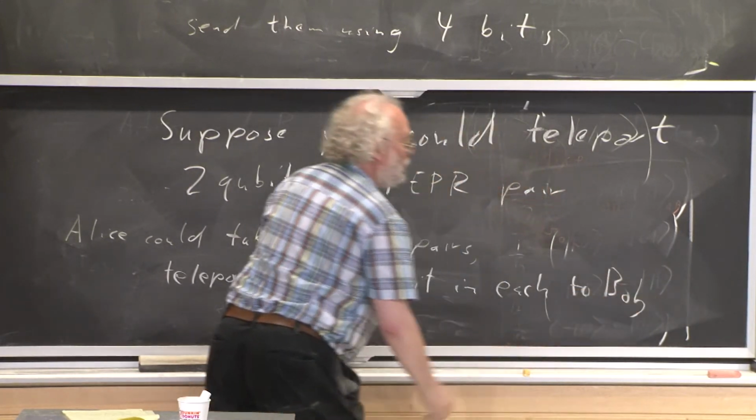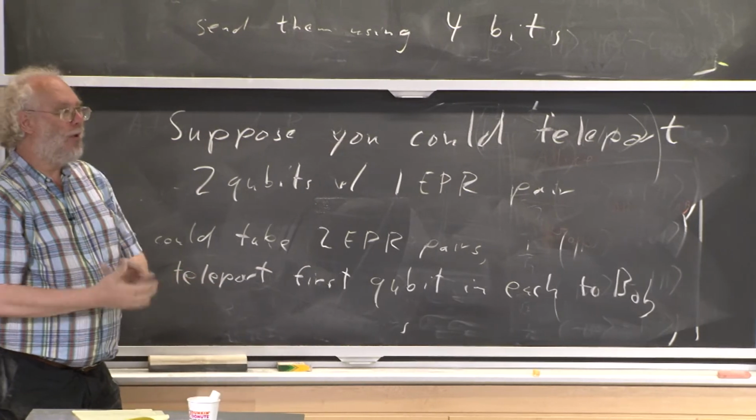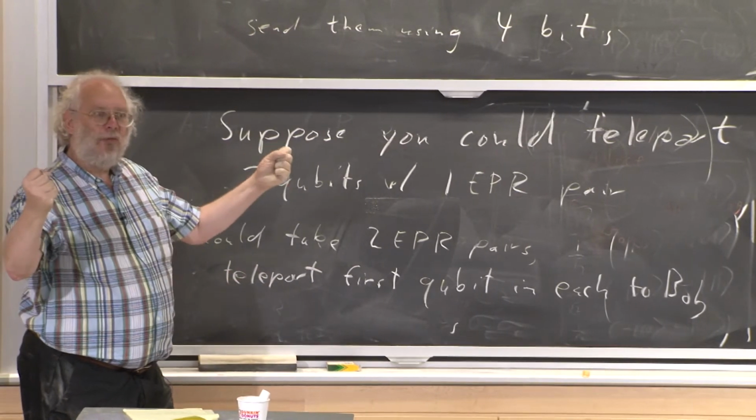And she destroys one EPR pair doing this, but now Alice and Bob have 2 EPR pairs.